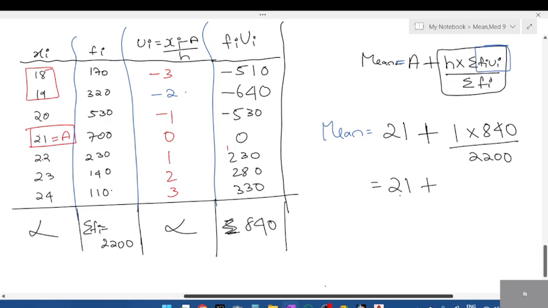What's the answer in the textbook, students? Let me check. Okay, 20.62.